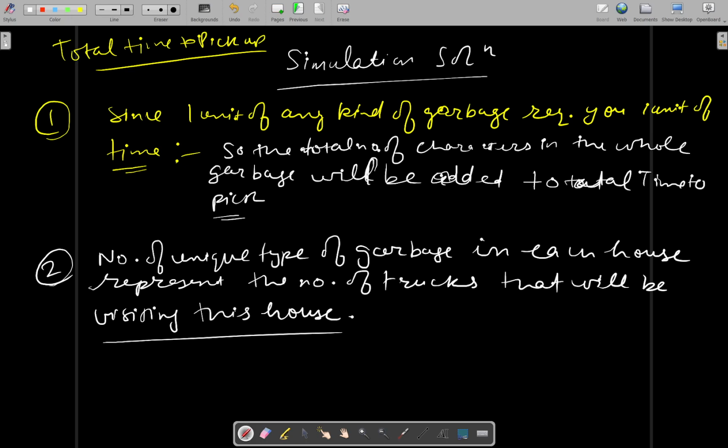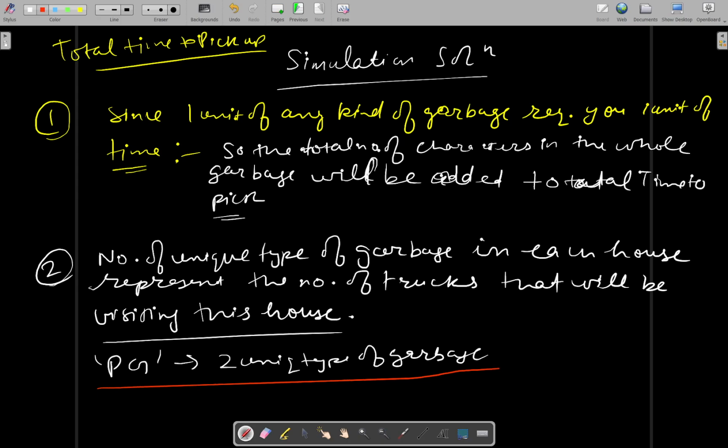So let's say a house is having P and G. So there are two unique types of garbages.